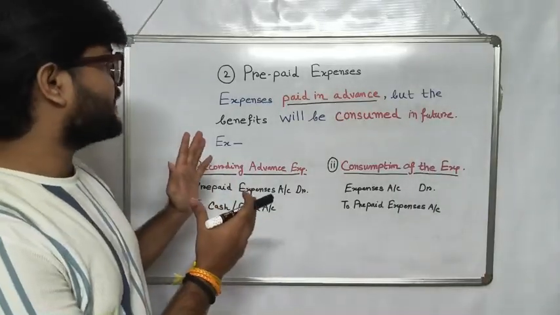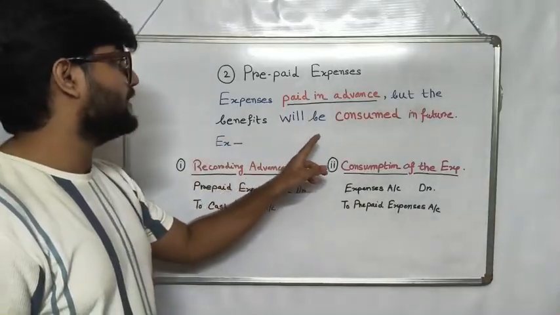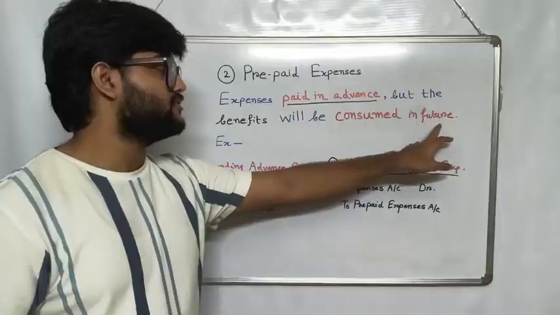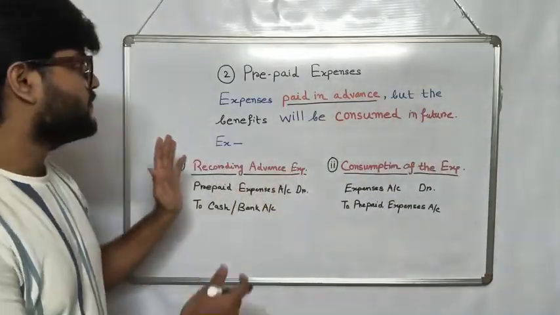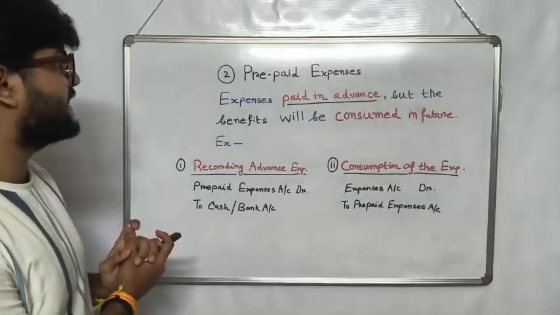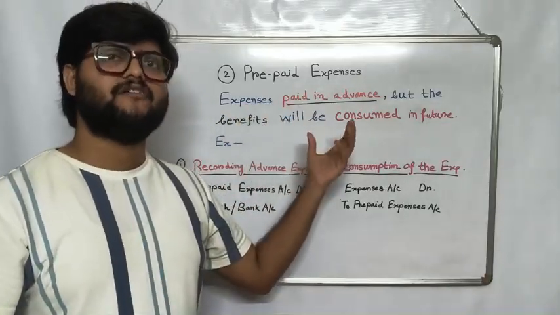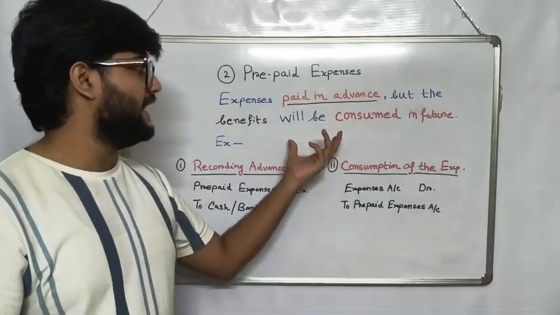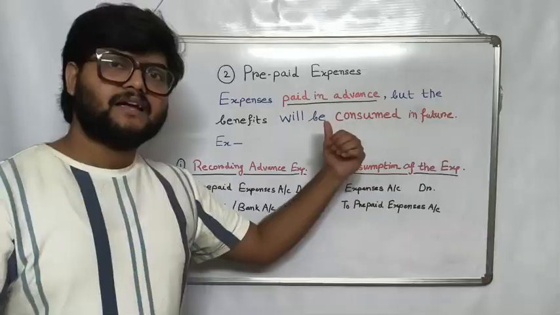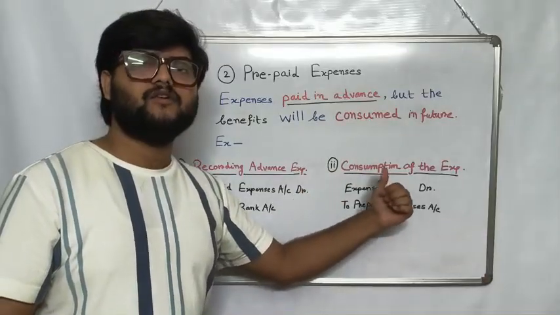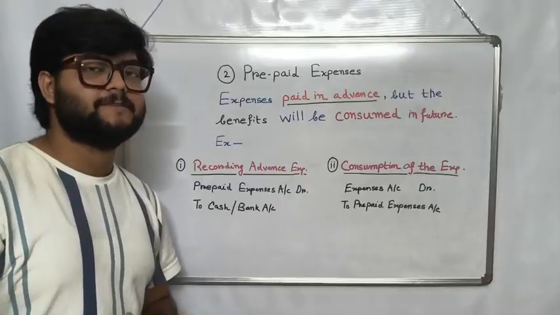It is some sort of a scenario like that, but the benefits will be consumed in future. Future means in future accounting periods. So if we can sort it down, it means that there are certain sort of expenses that you have made on a particular date from which the benefits will be consumed for more than one accounting period. That is called prepaid expenses.